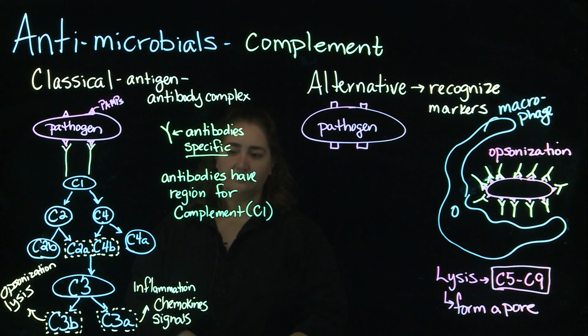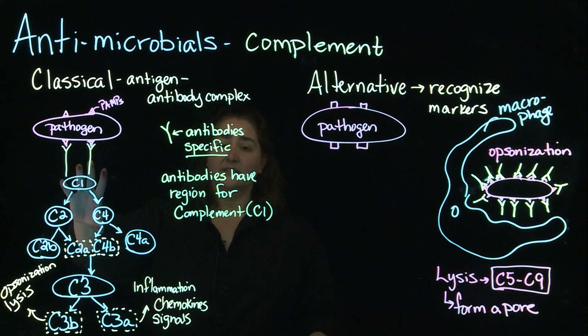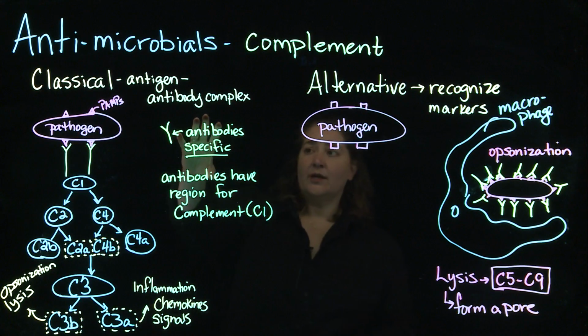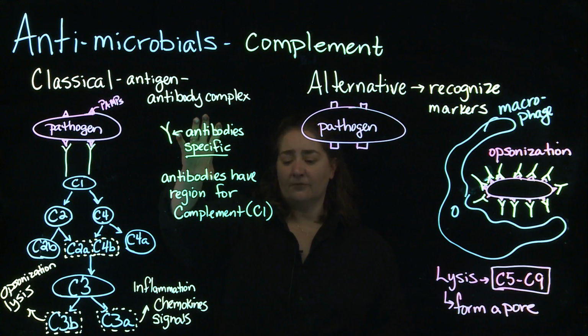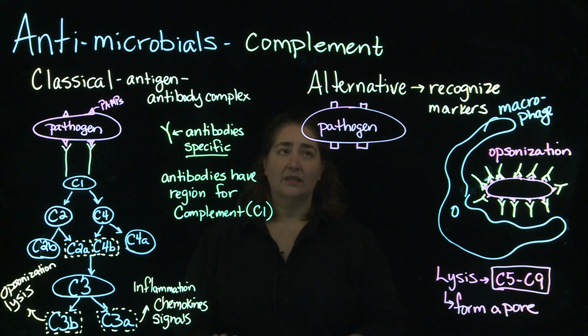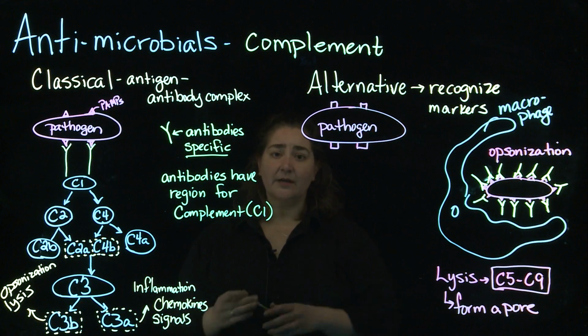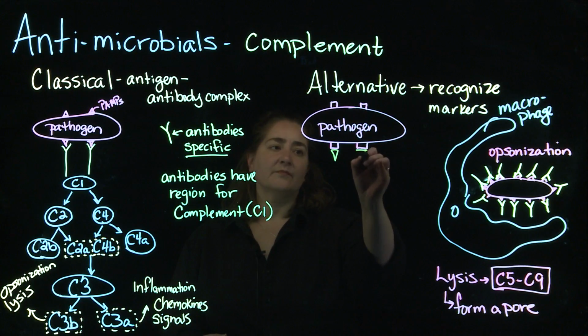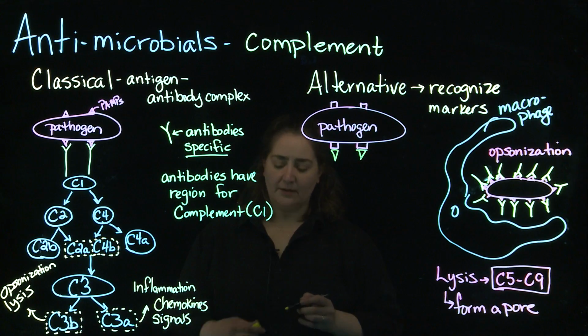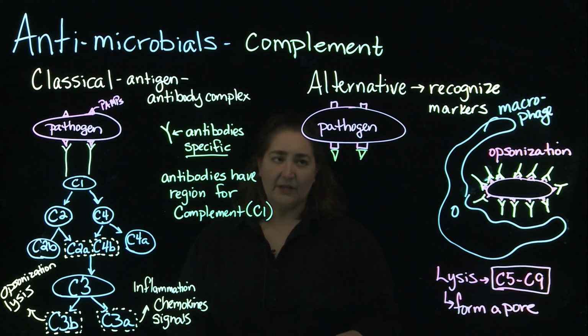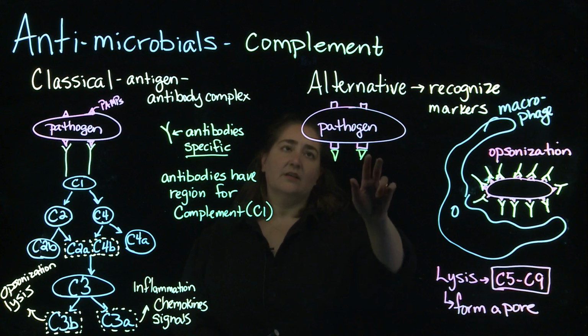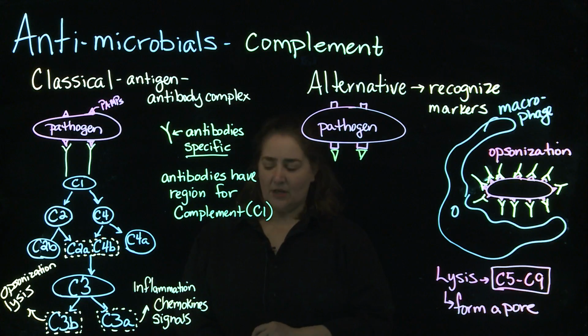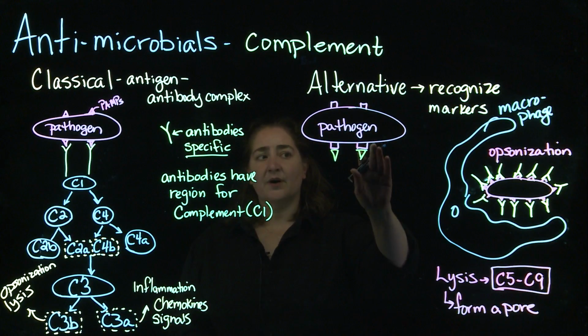All right? So in terms of the classical pathway, what's important about that classical pathway, you've got the involvement of antibodies. All right? The alternative pathway is another way that we can target bacteria. But in terms of the alternative pathway, there are some other proteins that bind to those markers on the outside of the pathogen.